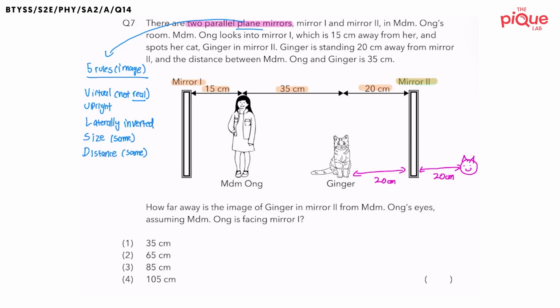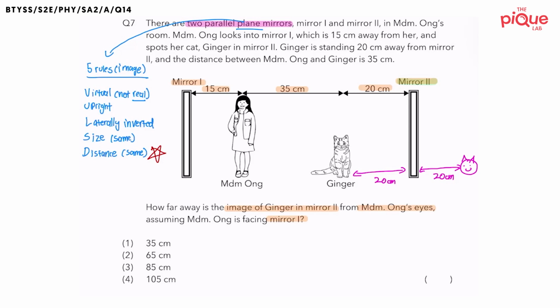Obviously, they are testing us on the last rule, which is the distance. Now, let's continue to read the question to figure out what it wants us to find. Below, they ask us, how far away is the image of Ginger in mirror 2 from Madam Ong's eyes, assuming Madam Ong is facing mirror 1.